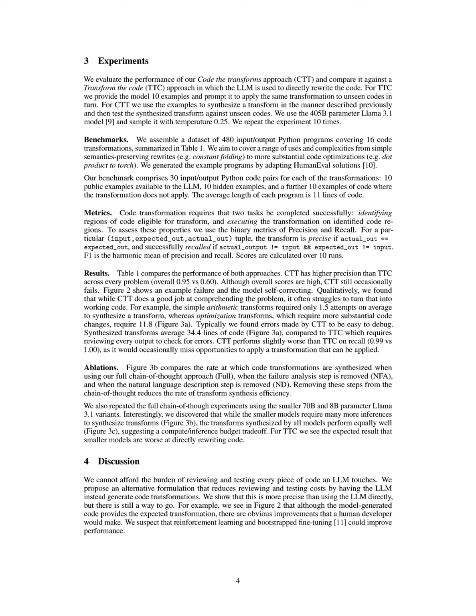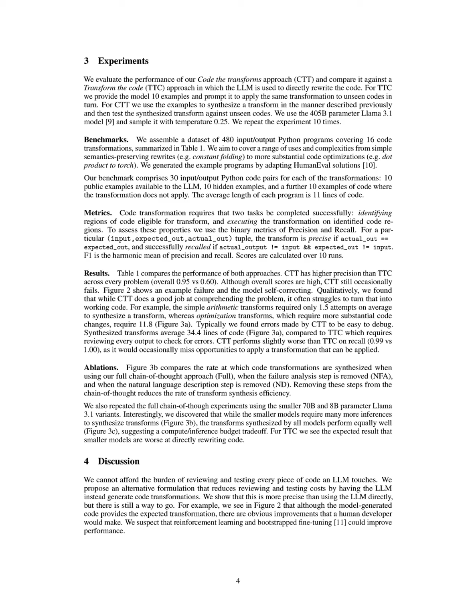The proposed code transformation technique, CTT, achieved a higher precision of 0.95 compared to the transform the code, TTC method, which had a precision of 0.60, indicating that CTT is significantly more accurate in producing correct outputs. However, CTT had a slightly lower recall of 0.99 compared to TTC's perfect recall of 1.00, suggesting that while CTT is precise, it occasionally misses opportunities to apply transformations that could be applicable.